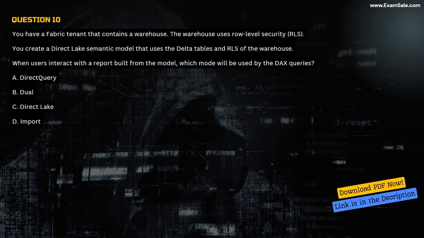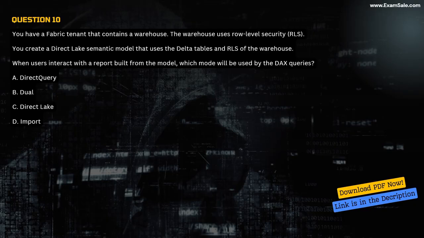Question 10. You have a Fabric tenant that contains a warehouse. The warehouse uses row-level security (RLS). You create a direct lake semantic model that uses the delta tables and RLS of the warehouse. When users interact with a report built from the model, which mode will be used by the DAX queries? A. Direct query. B. Dual.